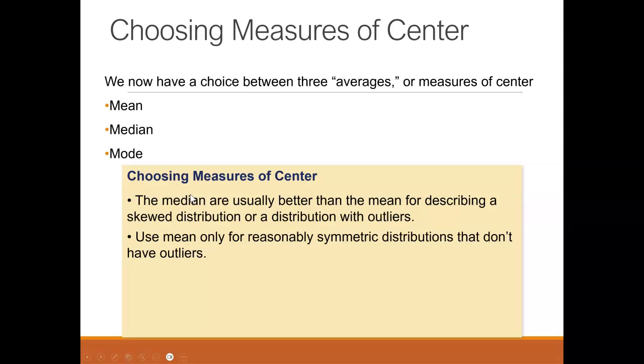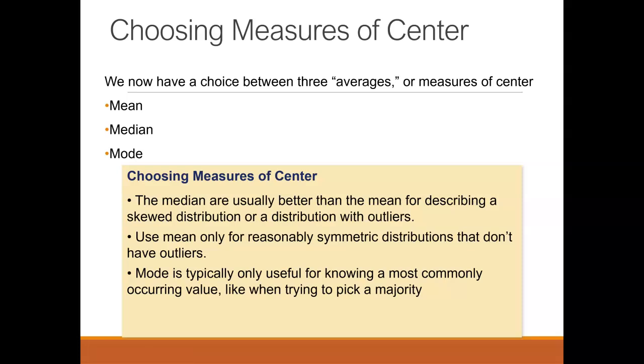If I have a symmetric distribution without any outliers, I want to use the mean. That typically gives you the best representation there. And if I am looking at qualitative data, a mode is the most appropriate, right?